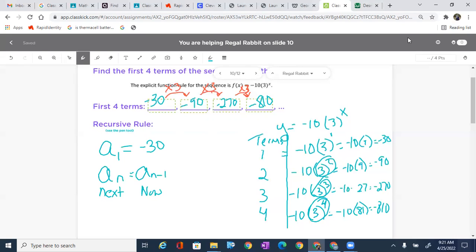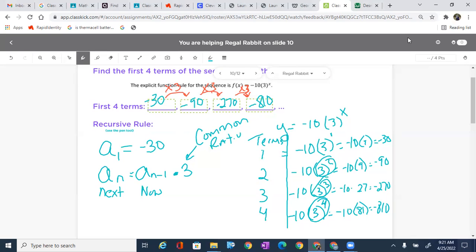But what are we doing every single time? We are multiplying by 3. That is our common ratio.